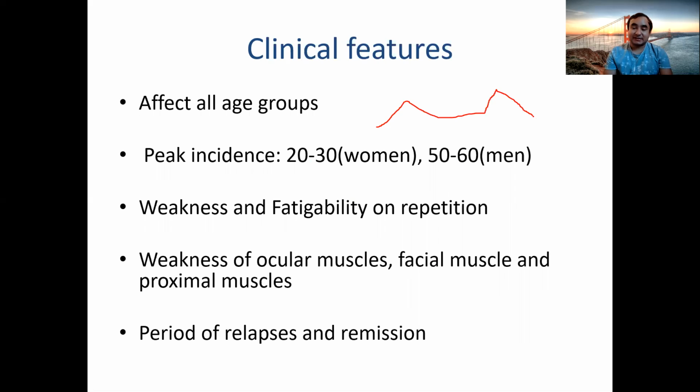The classical feature of Myasthenia Gravis is weakness and fatigability on repetition. Like when you are looking at a particular object, you don't have any complaint in the beginning, but when you maintain that staring, after a few minutes you have fatigability and you start having double vision, diplopia, and then eyelid drooping.